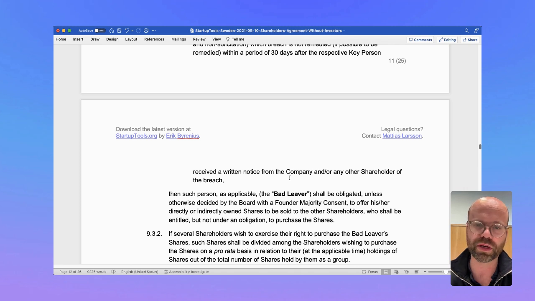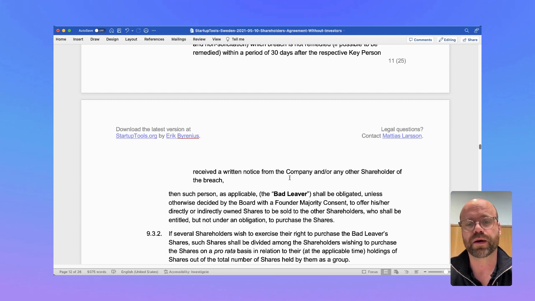A bad leaver would typically be someone who leaves the company for a reason that they can help, so to speak. Whereas a good leaver might be someone who gets sick, or they can't help it, they have to leave.